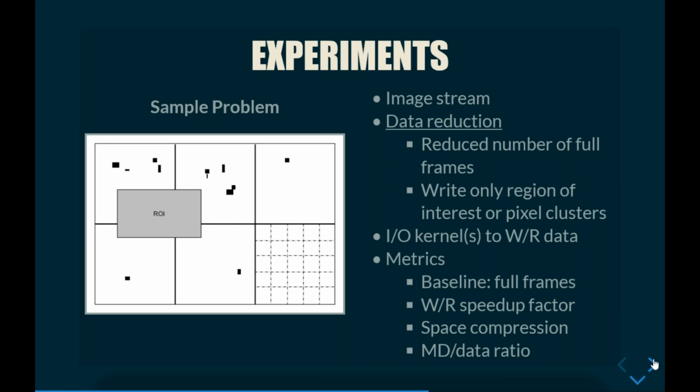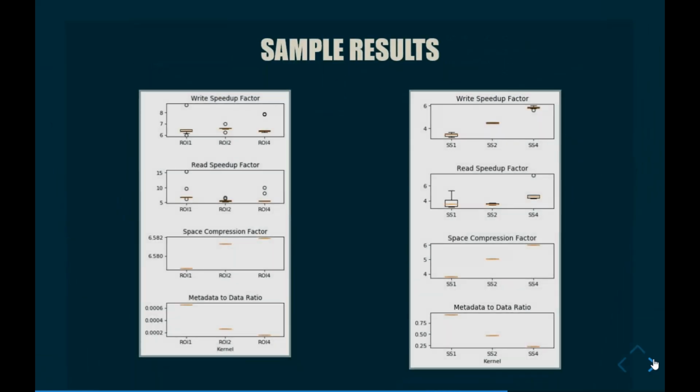For region of interest, the metadata is very small. You basically store the pixels in that rectilinear region, plus one corner, plus the width and height of that rectangle. But that ratio is much more unfavorable for these clusters of pixels where the shape could be weird. So here are some sample results, and I'll come back to that in a moment.